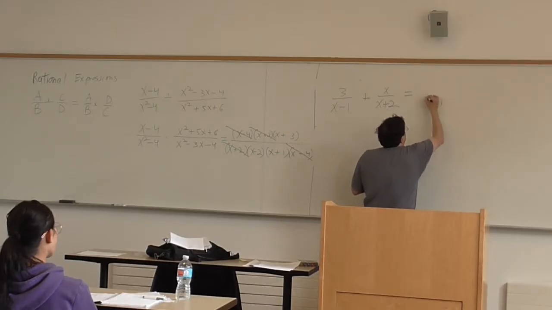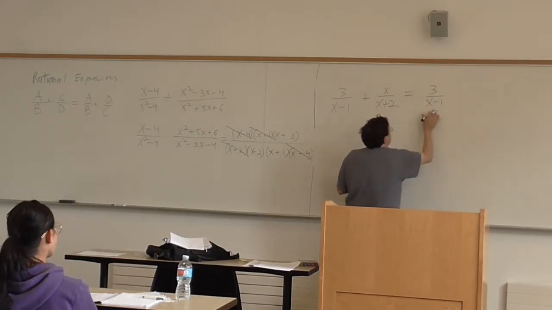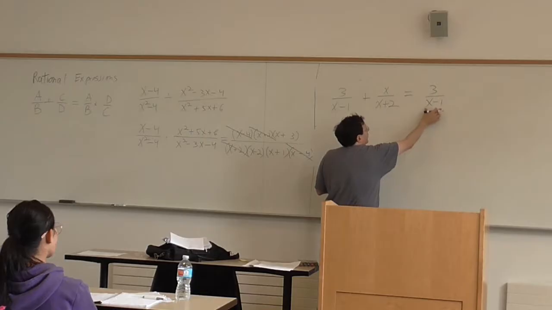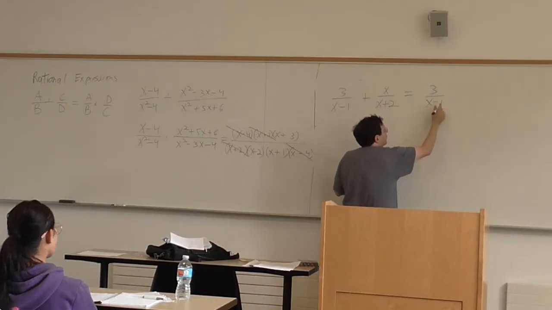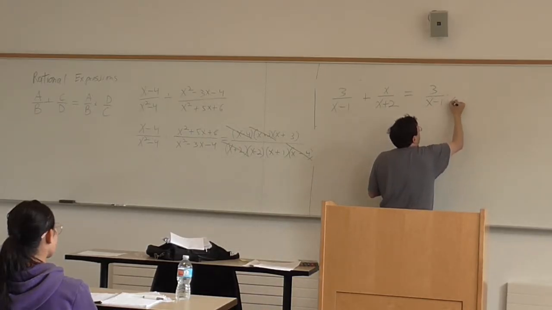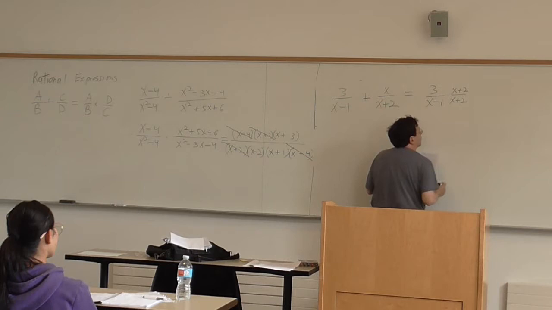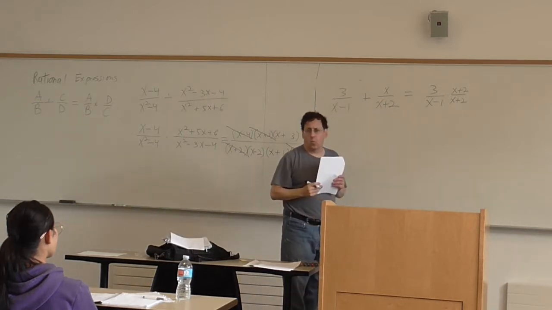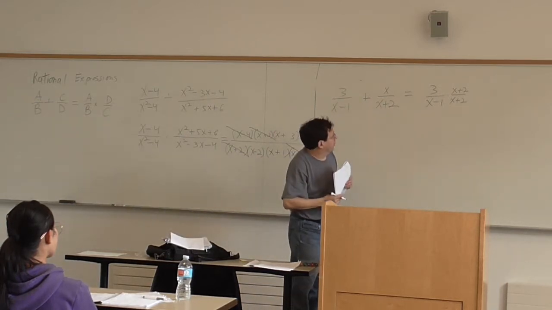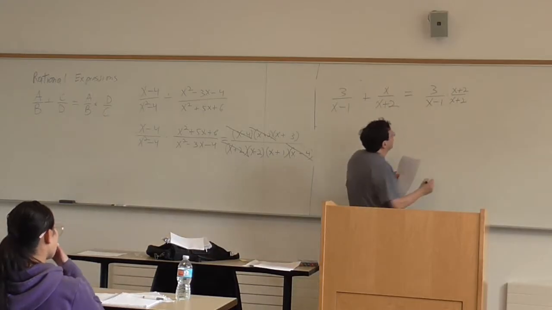So let me convert each one of these. To convert this to x minus 1 times x plus 2, you have to multiply the bottom by x plus 2, but of course I have to multiply by 1. x plus 2 over x plus 2 is 1.